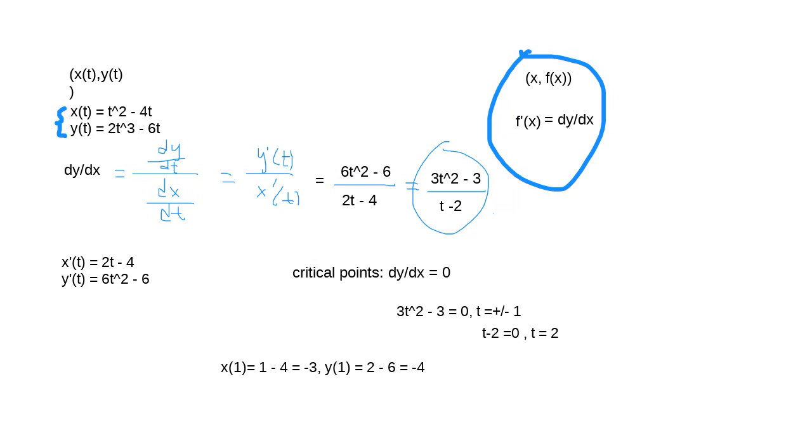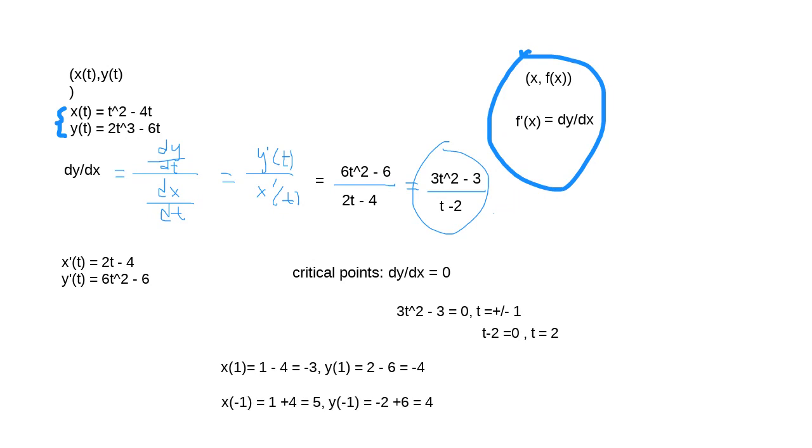Then when t equals negative 1, we get x of negative 1. Negative 1 squared is still 1, but minus 4 times minus 1 becomes plus 4, so that equals 5. And y of minus 1 equals 2 times minus 1 cubed. Minus 1 cubed is minus 1, so we get minus 2. Then minus 6 times negative 1 becomes plus 6, so we get a positive 4.